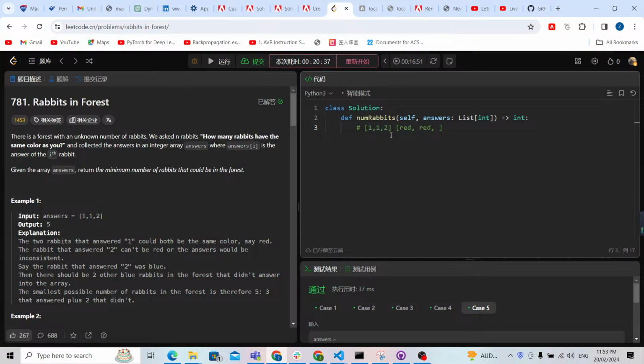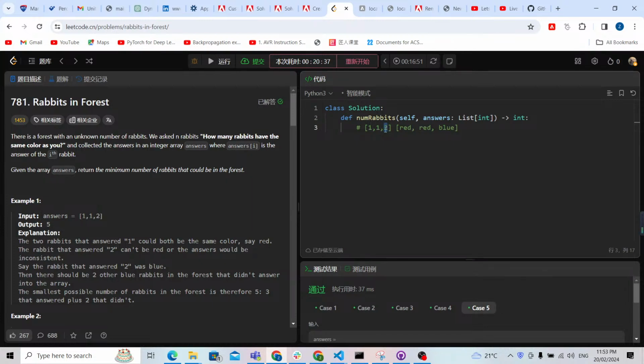Now we have a number of 2. So this means there must be another rabbit whose color must not be red. So maybe let's say just blue. This blue rabbit knows 2 other rabbits. I don't care what color it is, but the color must not be red. So this is a blue.